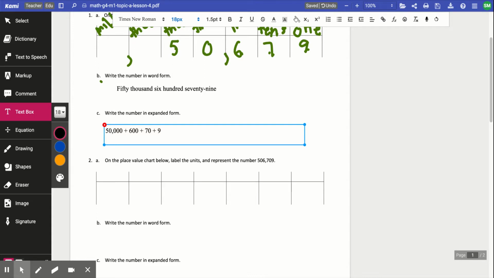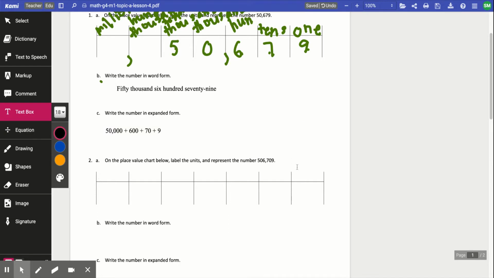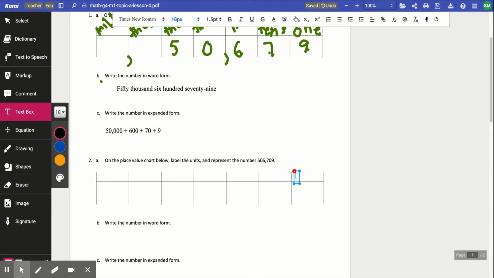All right, we are moving along here. 2A. On the place value chart below, label the units and represent the number 506,709. I think I will do a much neater job if I use text boxes here.